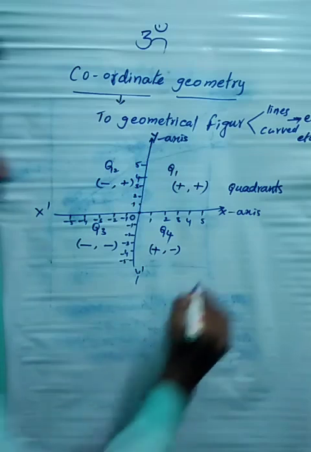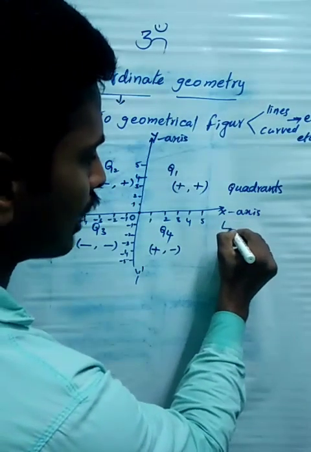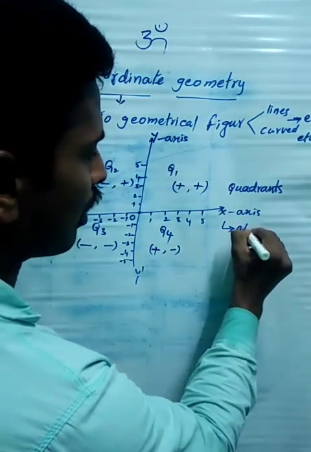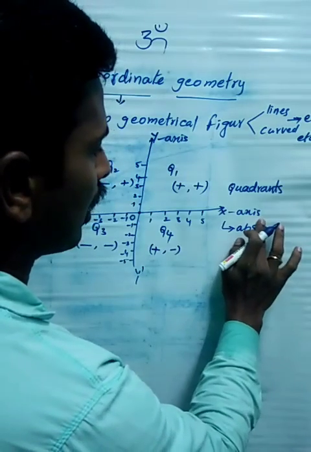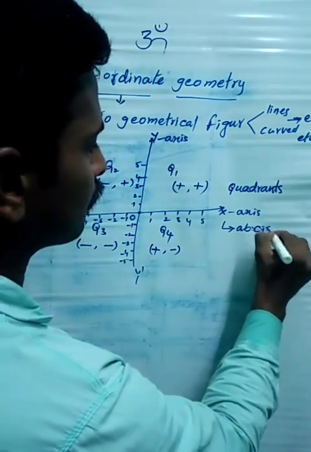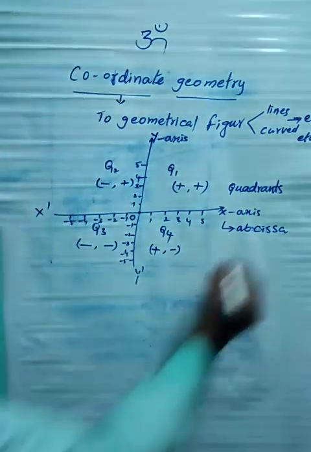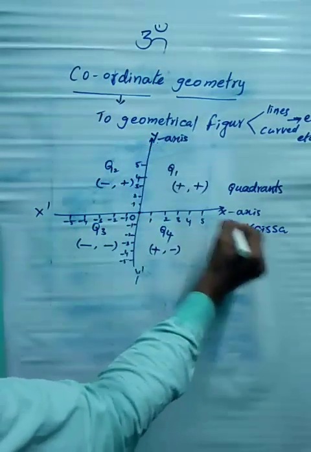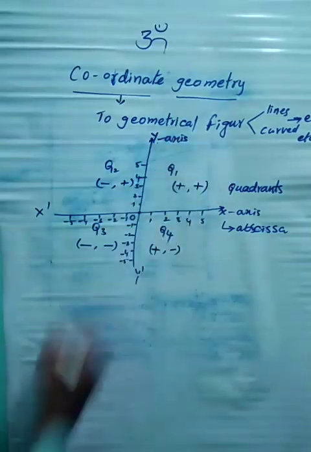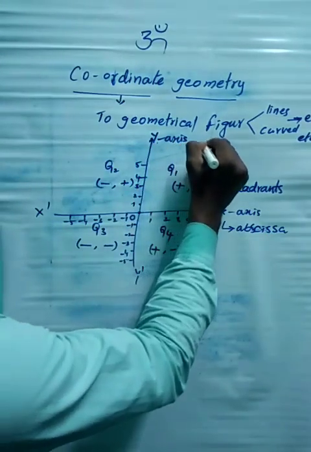So here x axis is also known as abscissa, and y axis is known as ordinate.